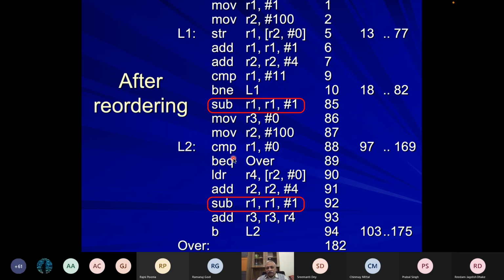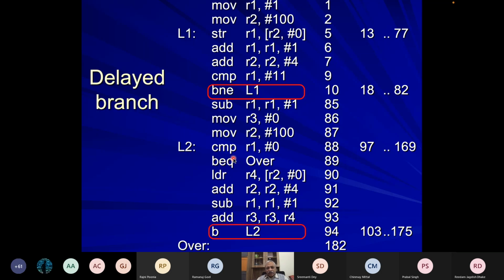So these reorderings will cut down delay further, and now I'm also showing the delayed branch. Delayed branch means that after the branch you should have an instruction which has to be done under all circumstances. Now in the first loop, after this branch, if I was continuing with the loop, I would go to L1 where I'll do a store.